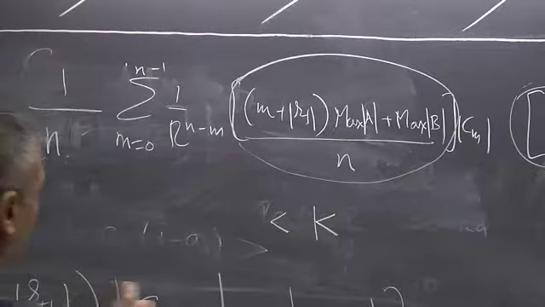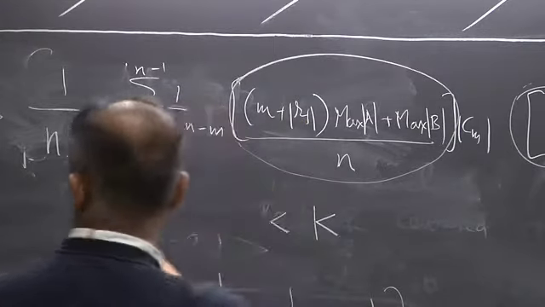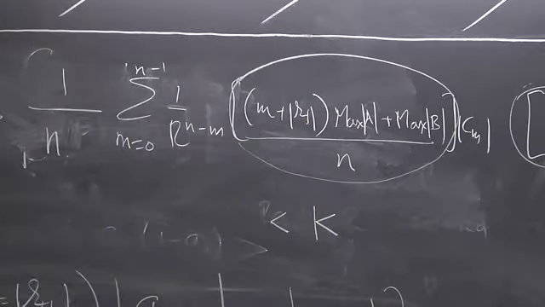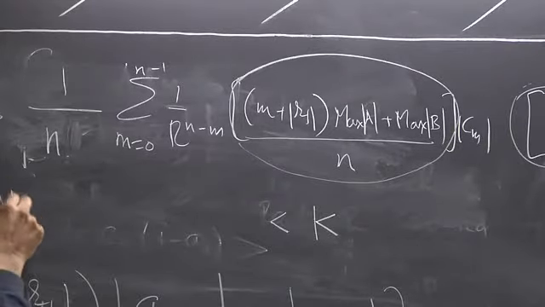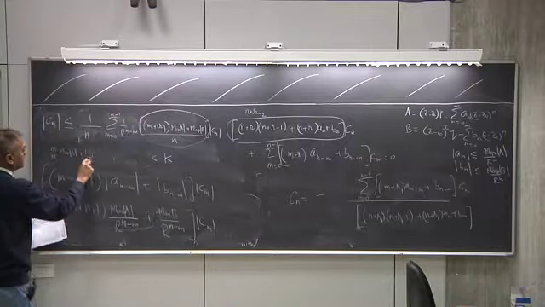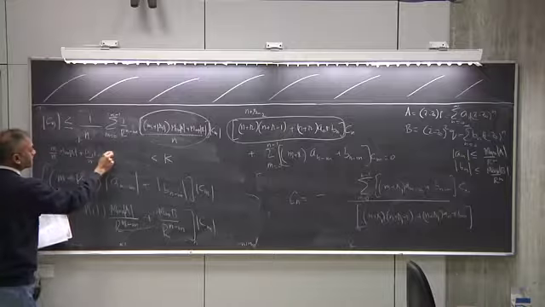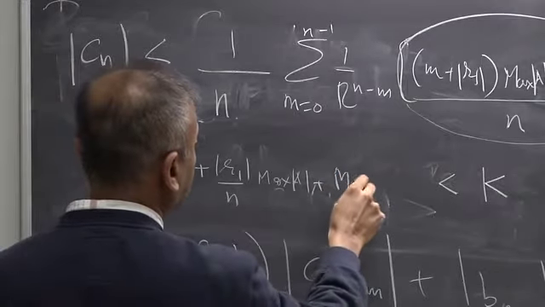Okay, so the idea is the following. If you open this up, there's m over n times max A, plus some r1 over n max A, plus max B over n, right?